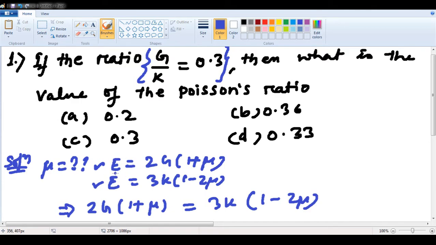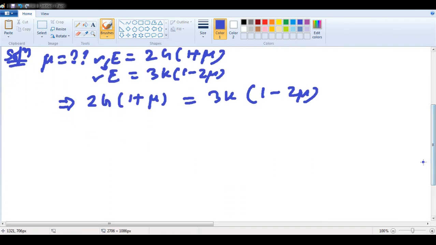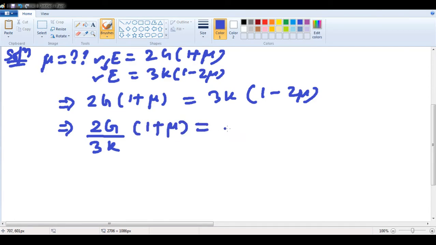Otherwise, very simply, I am putting this value of E, same thing. Now when I do this, what I get is 2G by 3K, correct? Let us solve this. Please solve, all of you along with me. 2G by 3K, this is (1 plus mu), mu is nothing but Poisson's ratio, right? And this is (1 minus 2 mu).